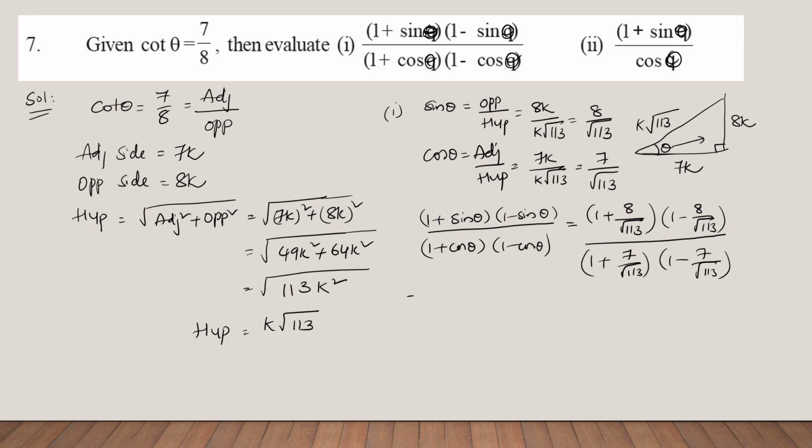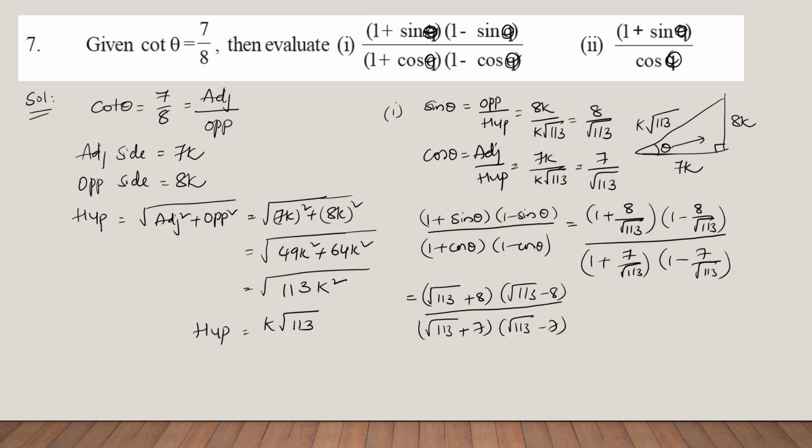On simplification, root 113 is the LCM, so I get (root 113 plus 8)(root 113 minus 8) divided by (root 113 plus 7)(root 113 minus 7).